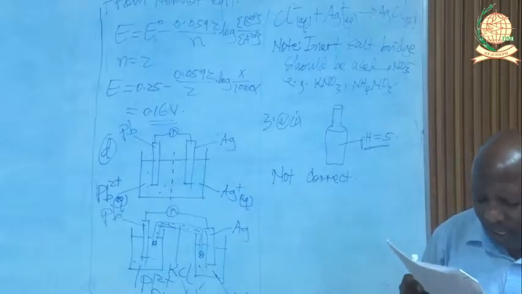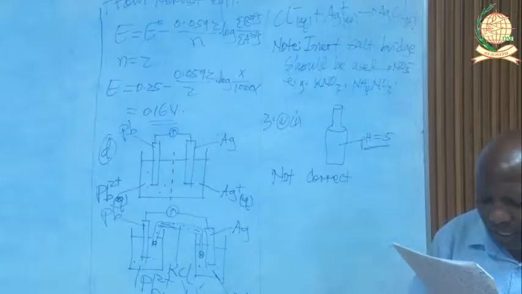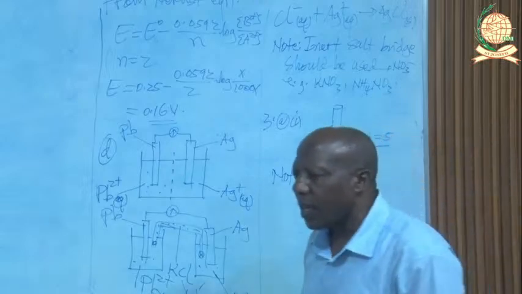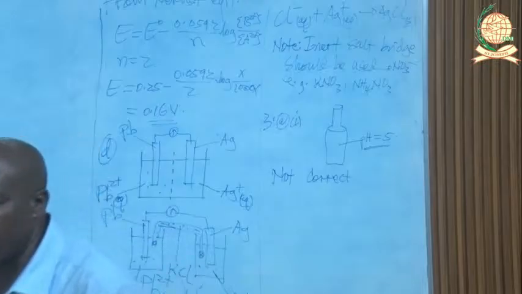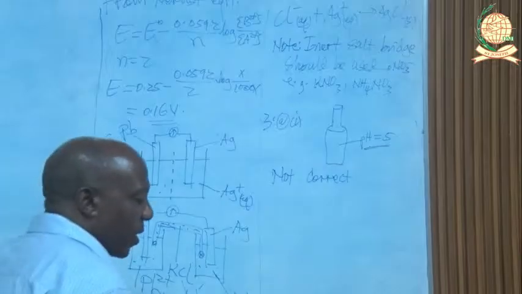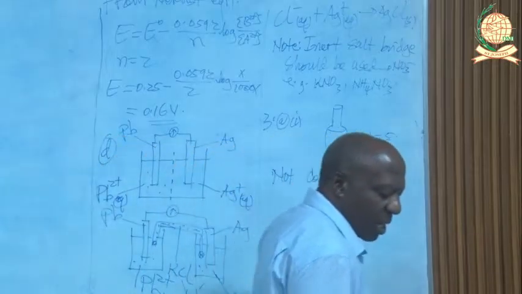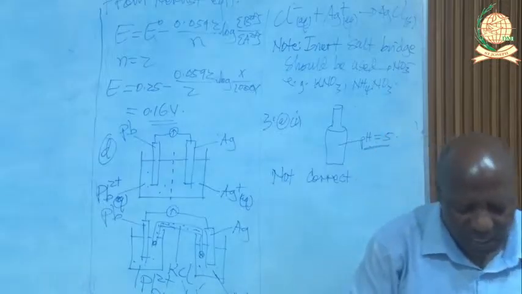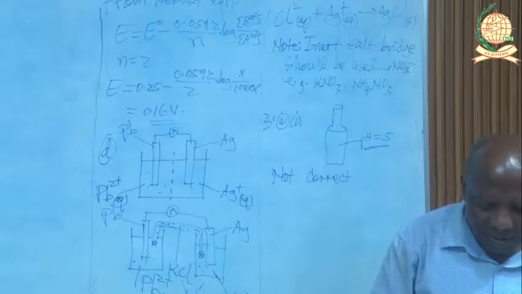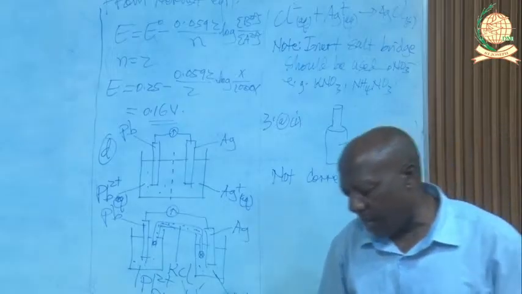Then Roman 2. Roman 2 says, what are the practical applications of buffer in real life? Application of buffers in real life: in manufacture of different materials, dyes, paints, cosmetics, normally you have to consider the buffer in order to maintain the pH. Another one is blood.